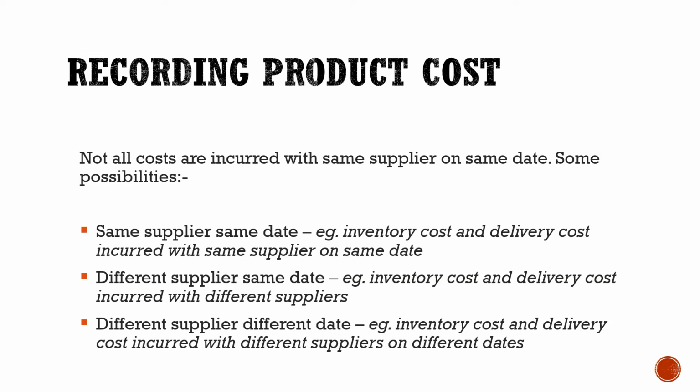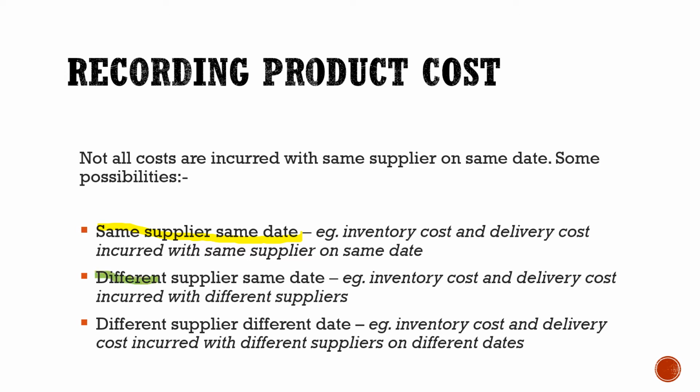When we are recording product cost, we need to bear in mind that not all costs are incurred with the same supplier on the same date. Here are some different possibilities. We could have same supplier, same date. For example, the inventory and delivery costs were incurred with the same supplier on the same date.